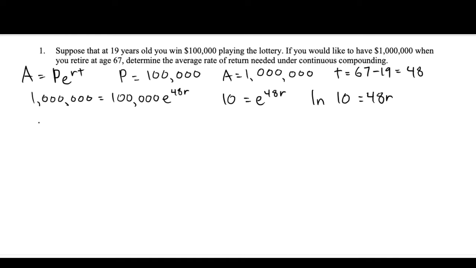Solving for r, I end up with r equals ln 10 divided by 48. Plugging that into your calculator, you get approximately 0.048, or as a percentage, 4.8%. So you need an account that has a 4.8% interest rate compounded continuously in order for your $100,000 to grow into $1 million in 48 years.